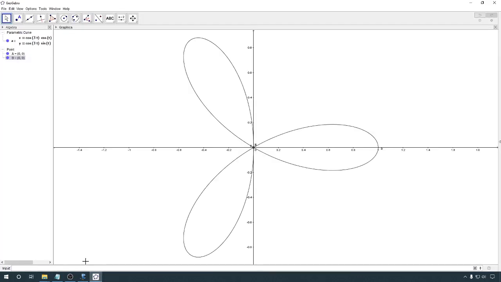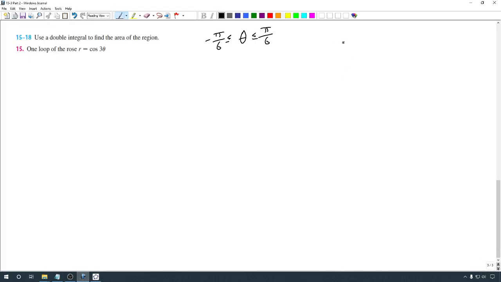What can we say about the r values? Well, we're just going from our origin out to the curve. We're looking at various radii starting from our origin out to the curve. So we're going to say the r values go from 0 to cosine of 3 theta. And in fact, that's what we're saying.